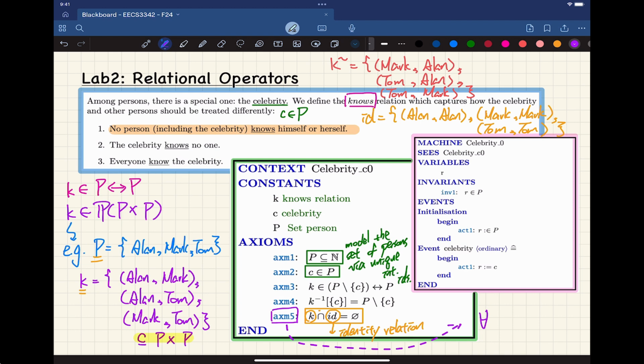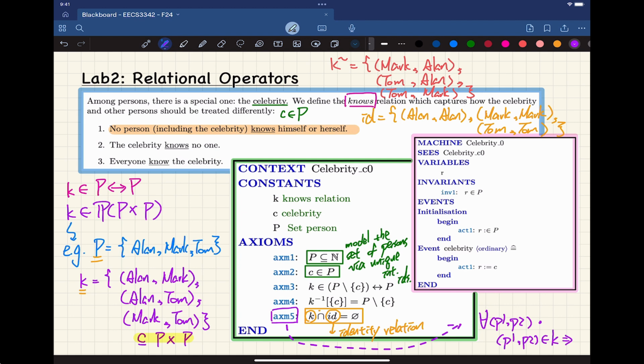Do you see what I mean? Let me start with: for every, let's say, P1 and P2, in the knows relation implies what? I want to make sure, if P1 and P2 are two persons, what should be forbidden?